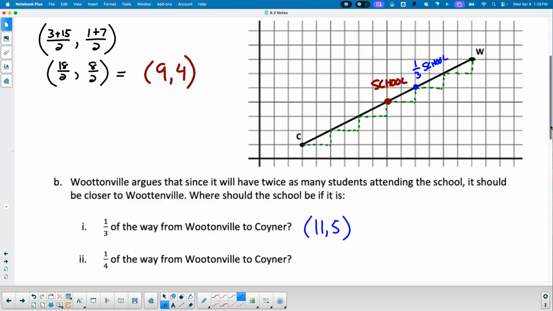That would be 1/12 of the way. That'd be 1/6 of the way. That'd be 1/3 of the way. We did that one already. That'd be 2/3 of the way. How am I getting all these numbers so quickly?